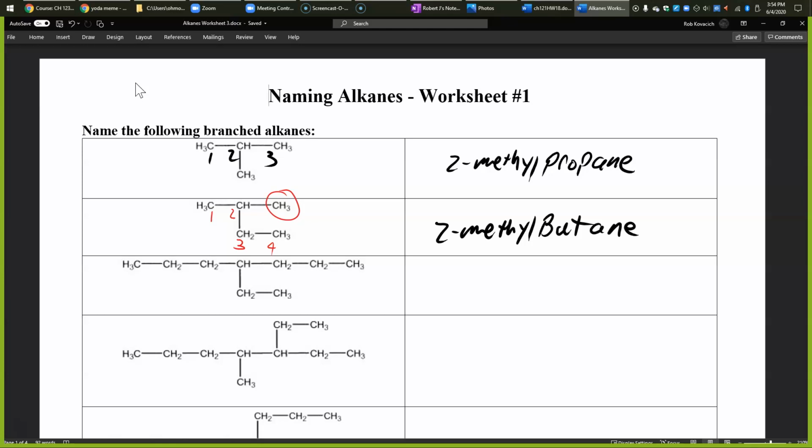Carbon number 2. And how long is this side chain that I have circled in red? 1 carbon. And that's what meth means, 1. And yl means side chain. So what we're saying is on carbon number 2, there's a 1 carbon side chain on a 4 carbon single bonded molecule.